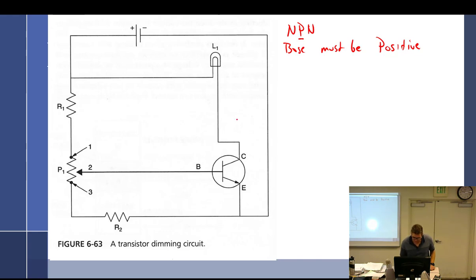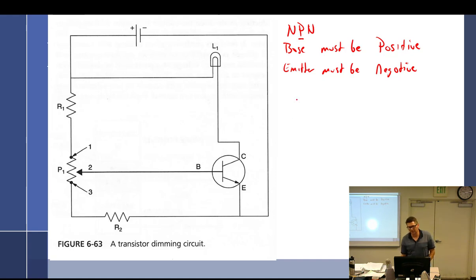All right, the emitter must be negative, in respect to what? In respect to the base. And collector has got to be reverse biased, so technically it should be a little more positive.